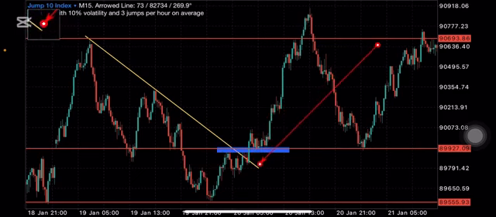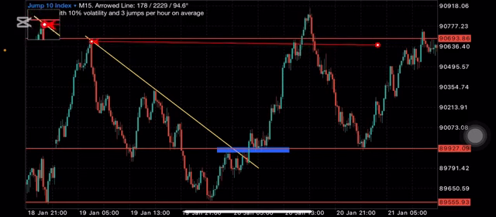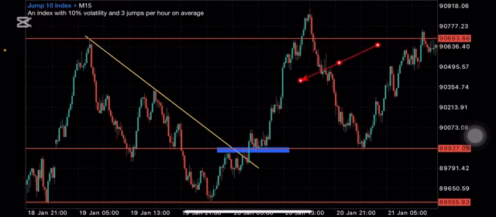However, at a point, it broke the trend line and gave us this consolidation. That's where we place our entry. Price came back, retested it, and boom, you take your buy and target this high, which is here. It's as simple as that, and you make your profits.